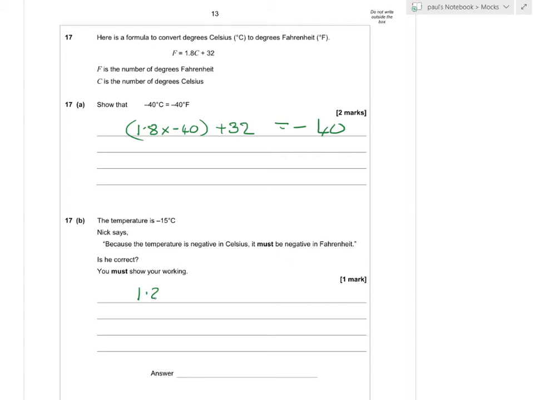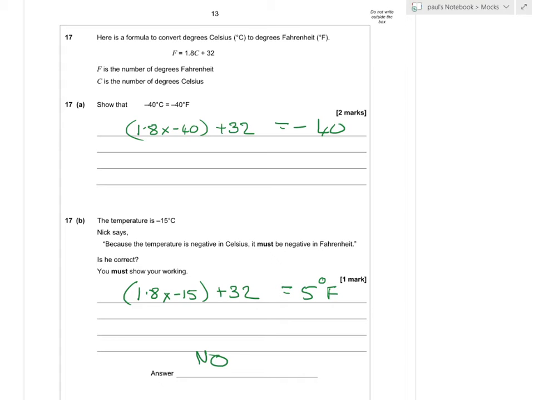I doubt it. 1.8 times minus 15 plus 32 actually equals 5. 5 degrees F. Yeah, so answer's no. Because you've got negative Celsius and then the plus 32 makes 5. Let's keep going down.